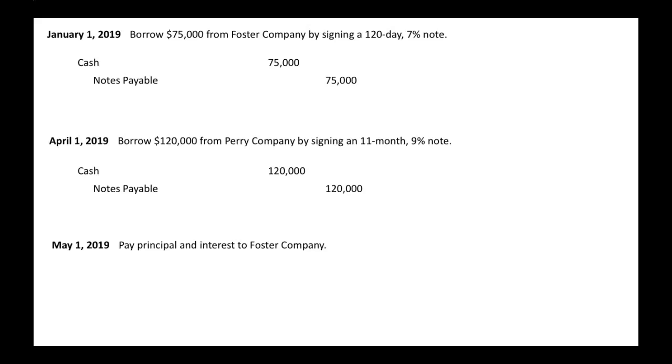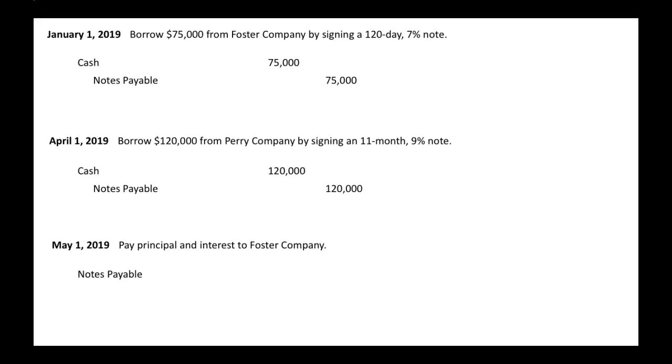Now May 1st rolls around. It's been 120 days since we initially borrowed money from Foster Company, so we have to pay them back. So how do we record paying principal and interest to Foster Company? Well, we're going to debit notes payable because we want to get that notes payable off of our books.